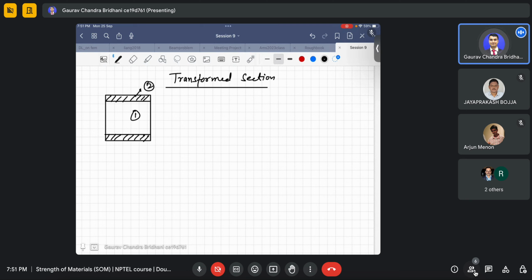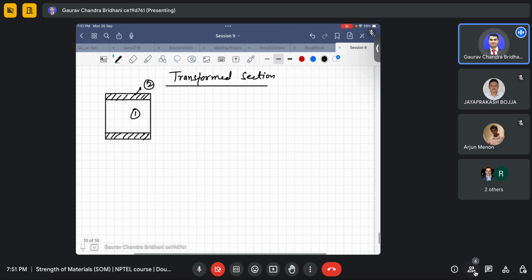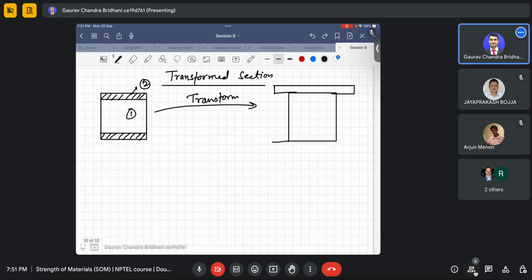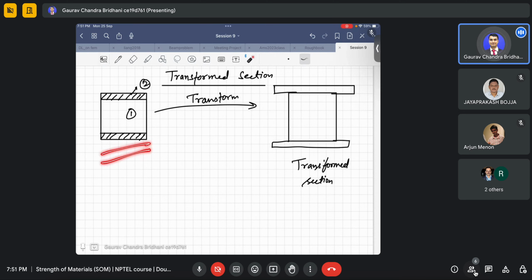Basically, we want to transform this cross section into another cross section, whose dimensions will be in such a way that there are two conditions. This is the transformed section. We want to transform from the original section to the transformed section.